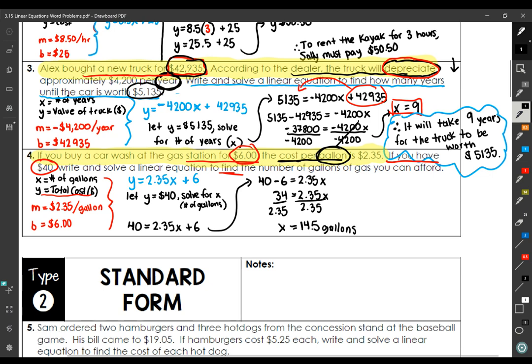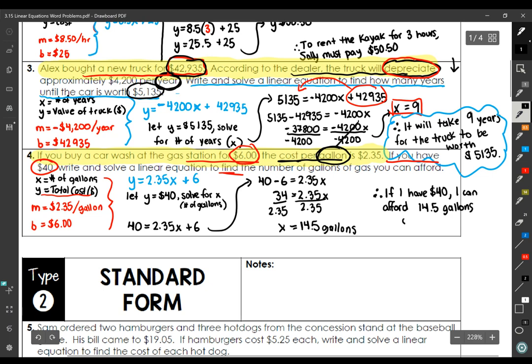It's 14.468, so I'm just going to round to 14.5. Okay, so now we write our concluding statement. So therefore, if I have $40, right, I can afford 14.5 gallons of gas.